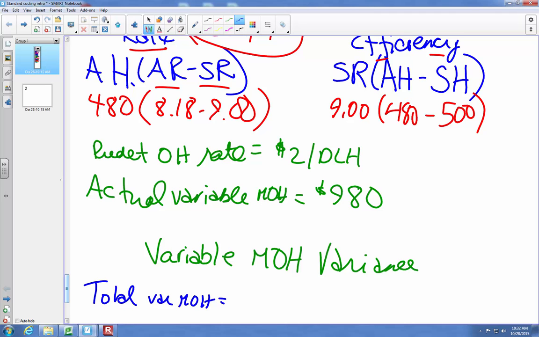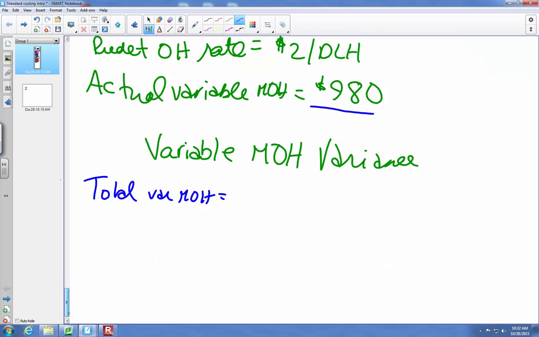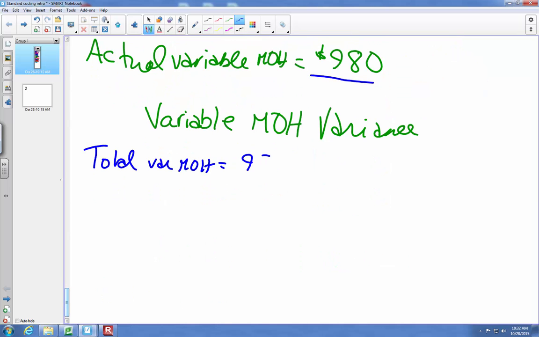What was my actual manufacturing overhead? $980, right? Right here? Yeah. How much should I have spent? Don't say it out loud, but I want you to each calculate it. How much should I have spent on variable manufacturing overhead for my 1,000 crates? So take a second, calculate that. And then that number minus the actual, or the actual minus the standard, is your variance.